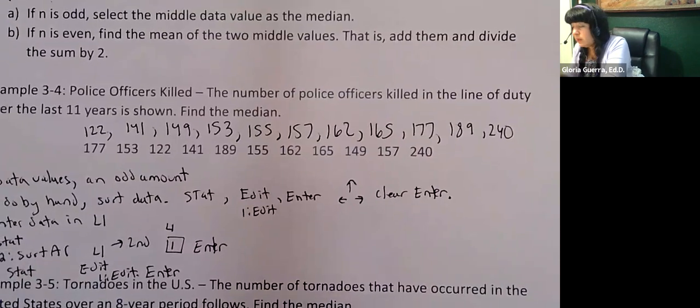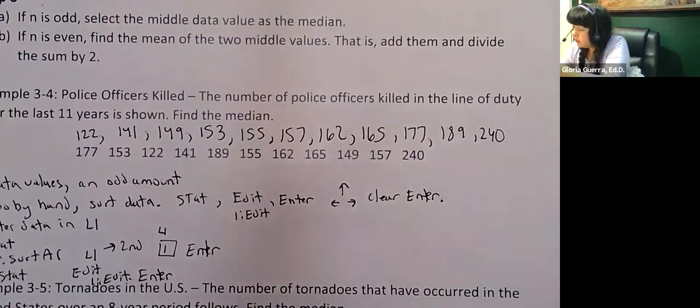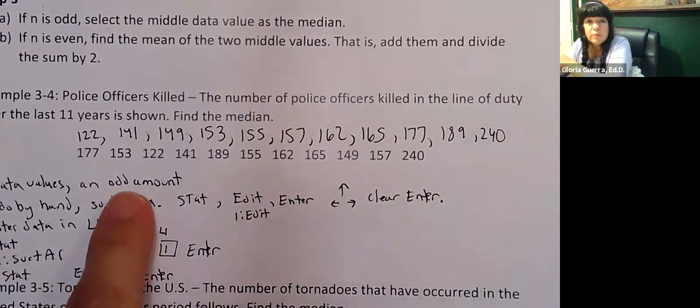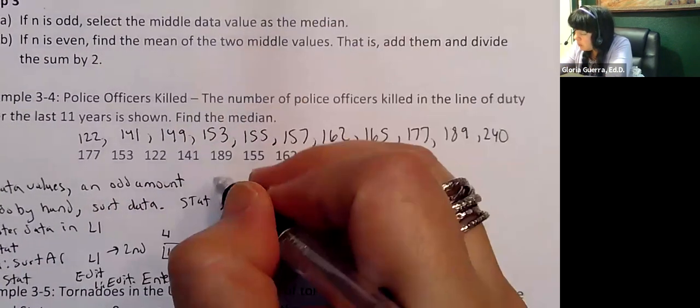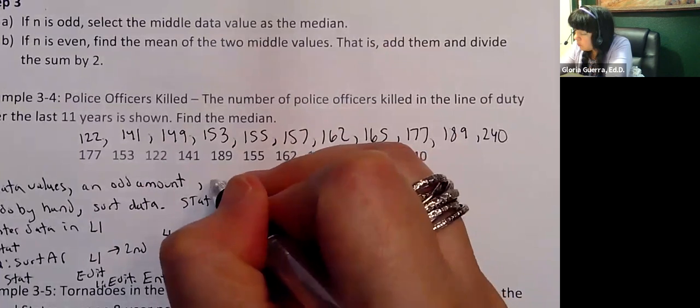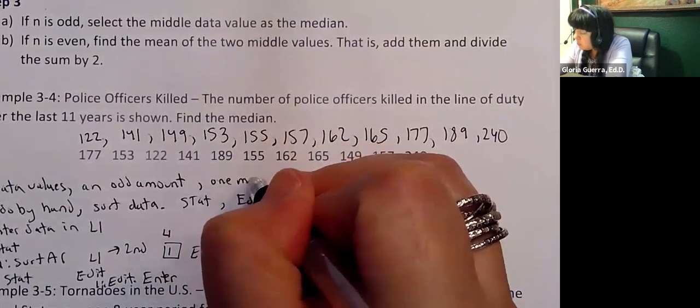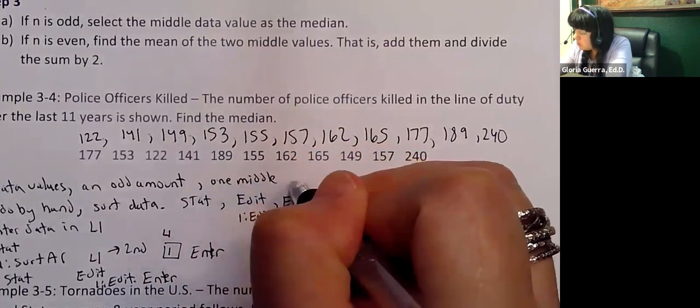And if we're doing this by hand, what happens is, you have an odd amount. So that means if you have an odd amount, you should have one middle number.